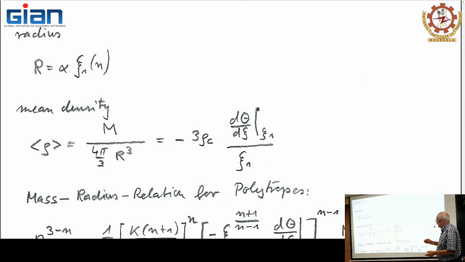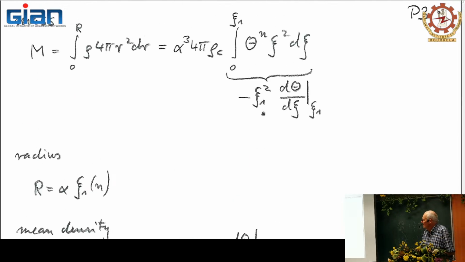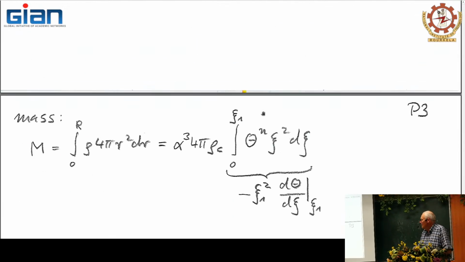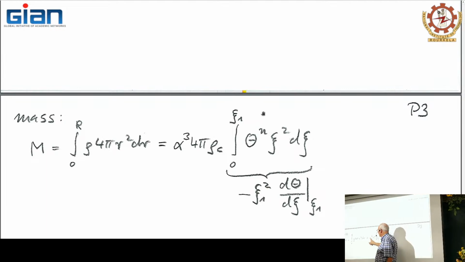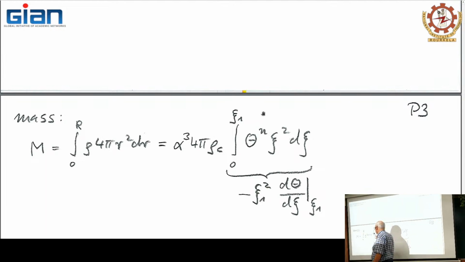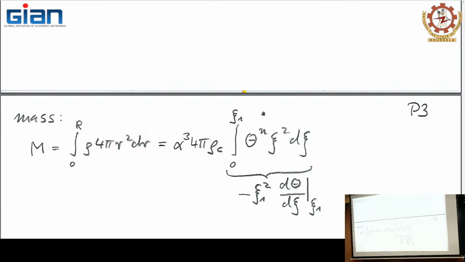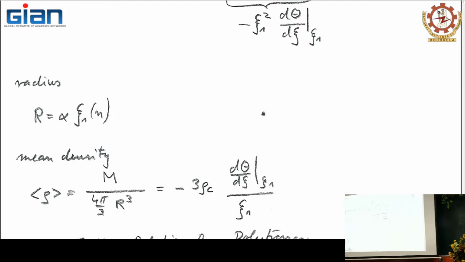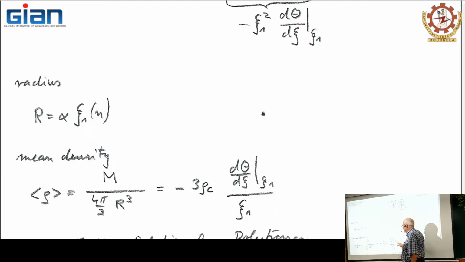So we express first alpha in terms of the mass and the central density, and secondly we interpret the central density in terms of mass and radius.